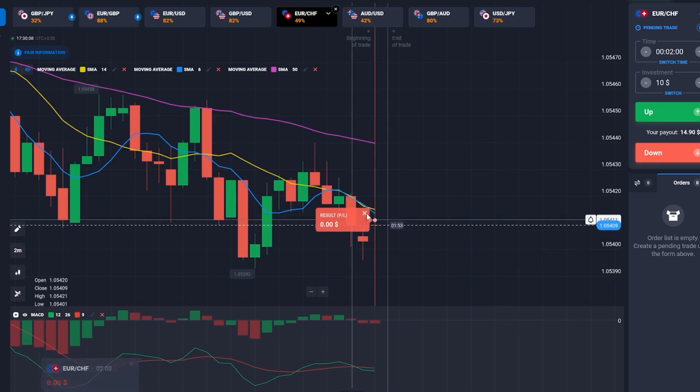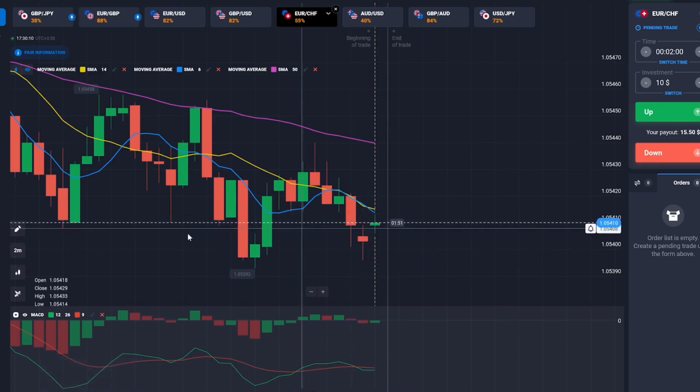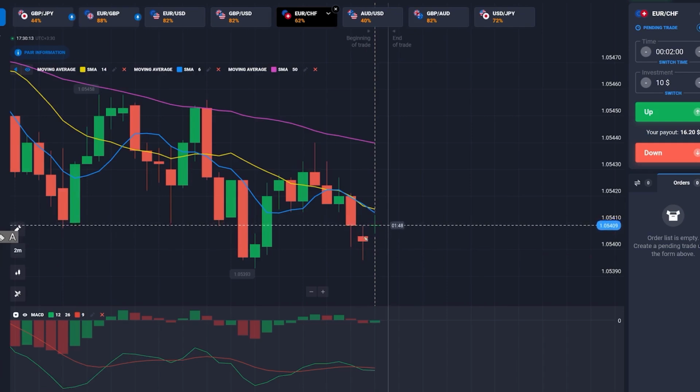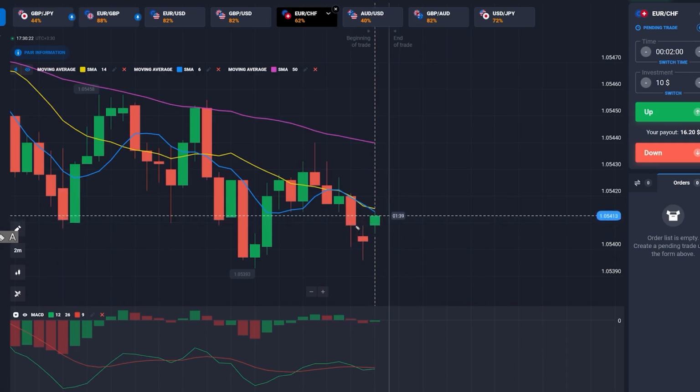This trade closed with a loss, but I've already explained the reason. The delay in opening my trade caused this loss. A gap formed here, and my trade opened around this point.